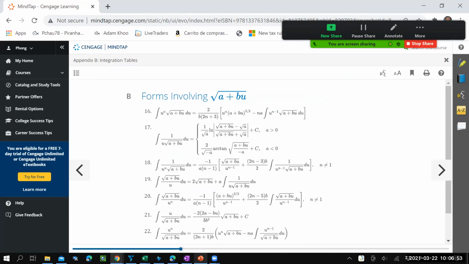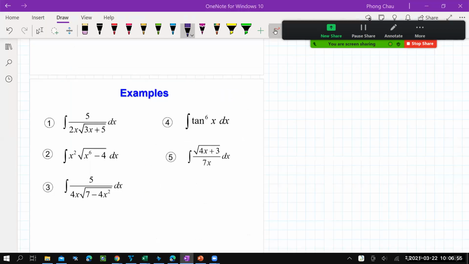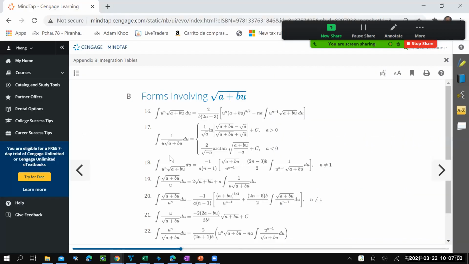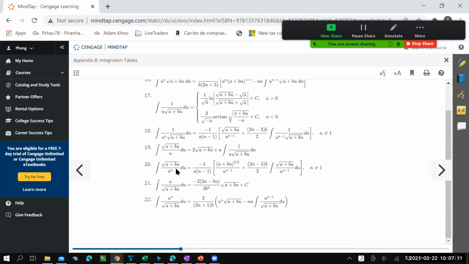Well, the one where we have the root in the denominator. So it has to be within the denominator. So not 16. 17 maybe, 17, 18, 21, 22, all of those are in the denominator.